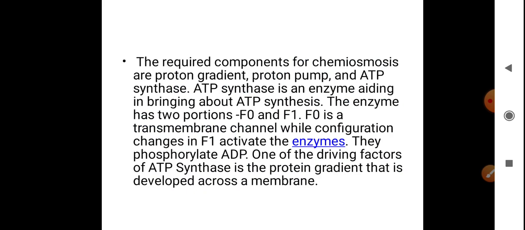ATP synthase is the most important part of this hypothesis. It is an enzyme attached to the F1 particle of the F0-F1 unit, which lies on the outer side of the thylakoid membrane facing the stroma, where the F0 particle acts as a transmembrane channel and F1 acts as the enzyme ATP synthase.